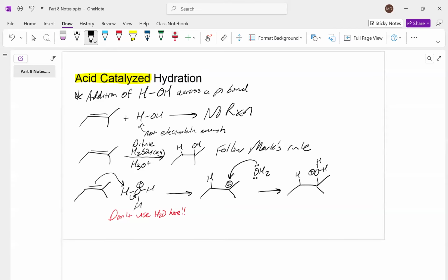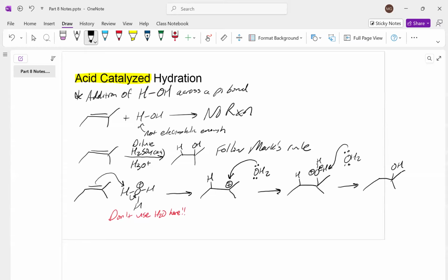We don't like that. Oxygen doesn't like to have a positive charge. So we're going to do one last deprotonation step, use some more water. Where did the water come from? Well, we're doing this in aqueous conditions. There's a ton of water around. And we get the alcohol as the product.